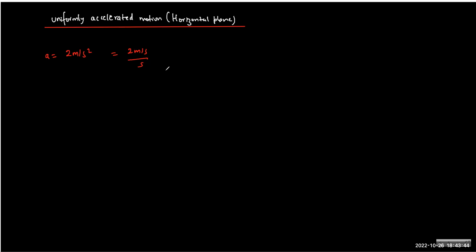But once it is accelerated, it is always non-uniform motion. So uniformly accelerated means the change is going to be same every second. So in simple terms, the acceleration is going to be constant. That is the meaning, but it is not the uniform motion. I hope this is clear.